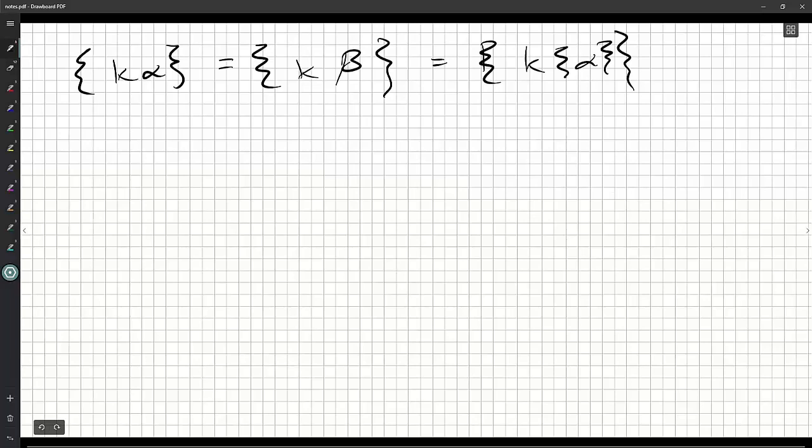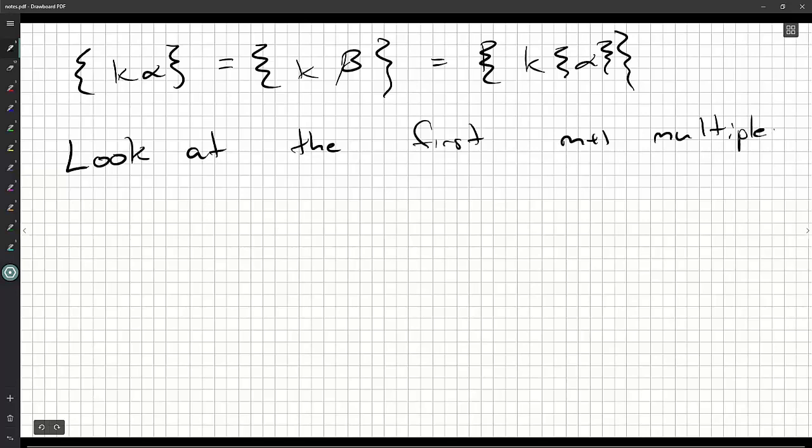Well, let's look at the first m plus 1 multiples of alpha. Now I'm choosing m plus 1 because what I'm going to want is an overlap. So this is alpha, 2 alpha, and so on, all the way up to m plus 1 alpha.